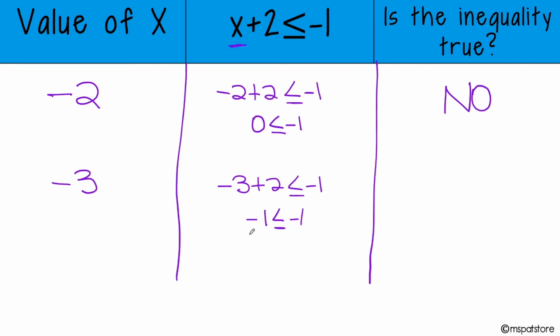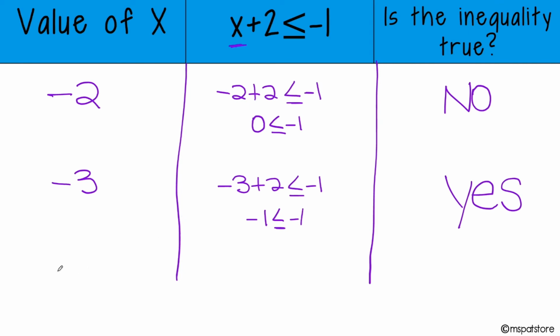Well, actually, -1 is not less than -1, but -1 is equal to -1. So in this case, one of the criteria for this symbol is correct. So is -3 a solution to this inequality? Yes, it is a solution, because that is true. -1 is less than or equal to -1.